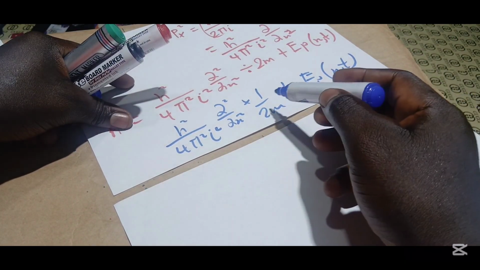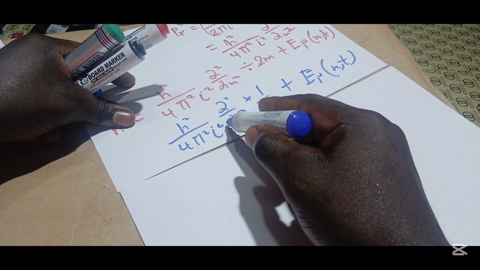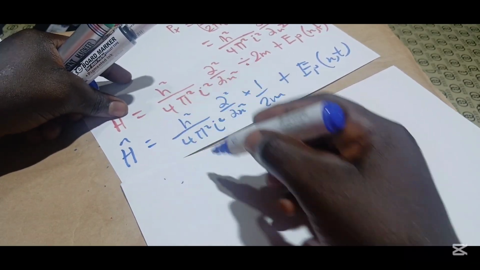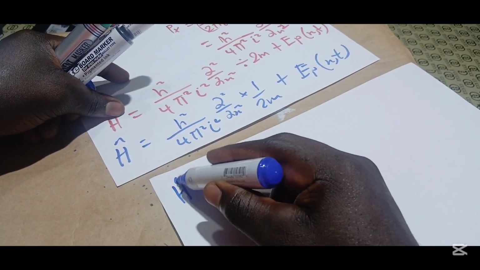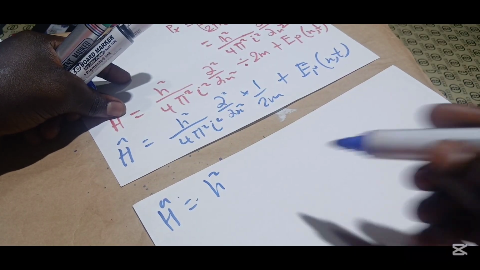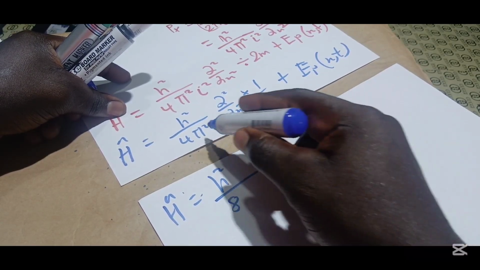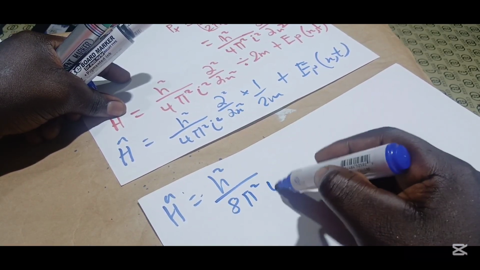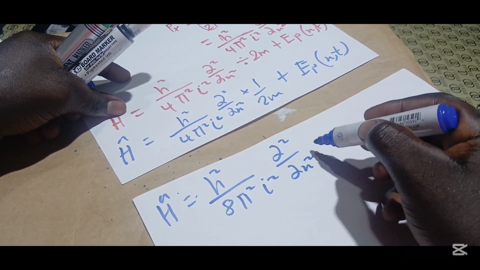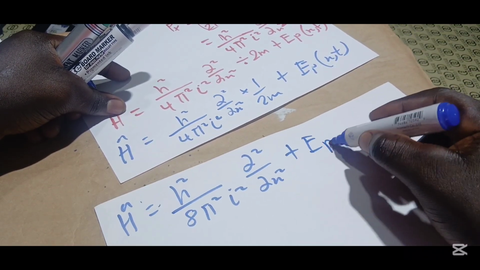Now let's simplify everything here. So the Hamiltonian operator equals h squared; 2 by 4 gives us 8; we have pi squared, i squared, and d squared over dx squared, plus our potential energy term.